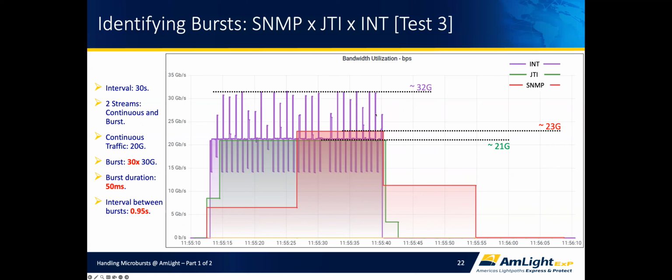I don't know if there are 30 of them, but they don't get close to 40 anymore, because the duration of those is half of the interval that we use. So it's only natural that each burst is only reflected as close to half of its capacity. That's the reason we see 30 gigs here as the maximum. It showed 32, but with the same problem with Grafana, in fact, it is 30 gigs.